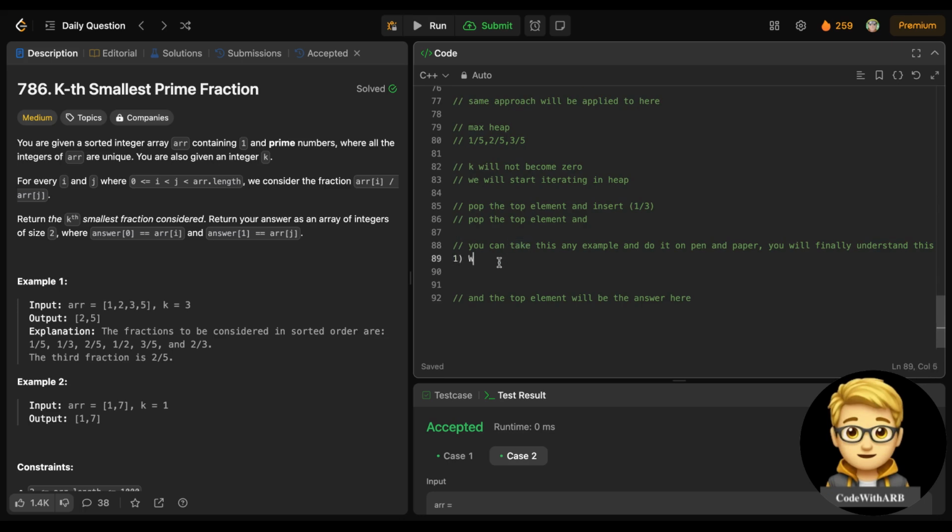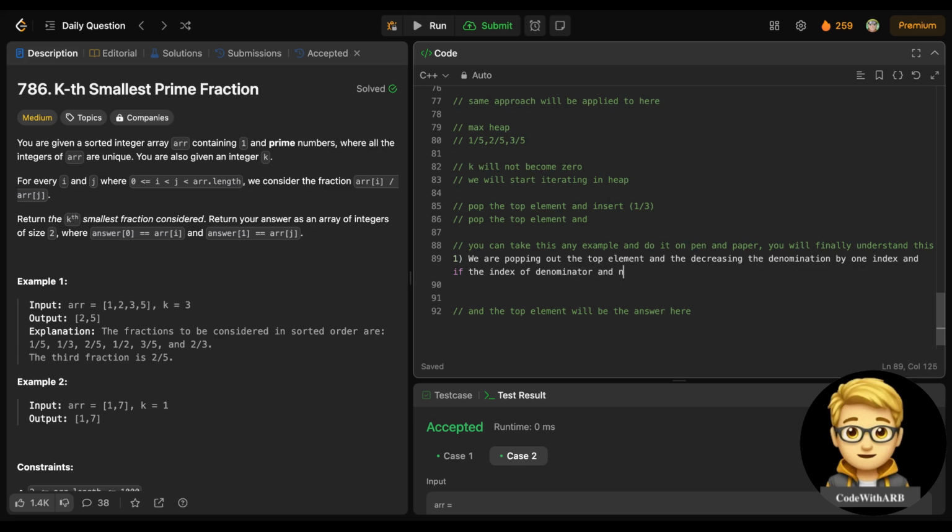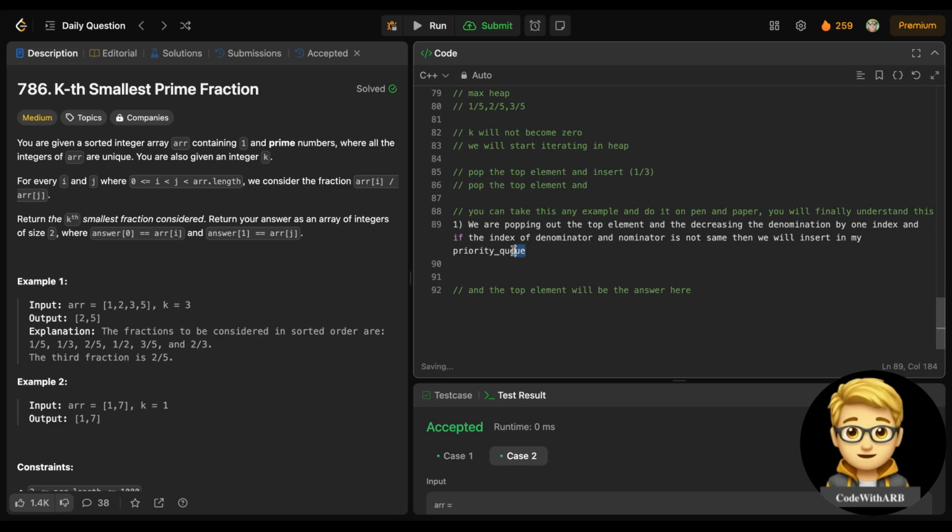So if I write this here, we are popping out the top element and then decreasing the denominator by one index, and if the index of denominator and numerator, top elements and fraction is not same, then we will insert this in my priority queue, right? So this is how we will do this.